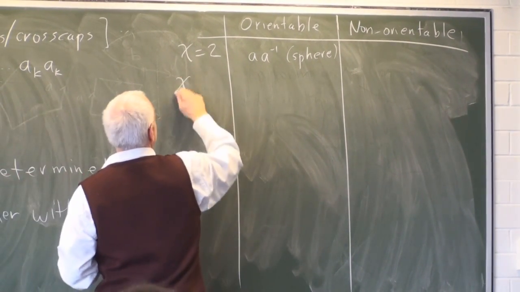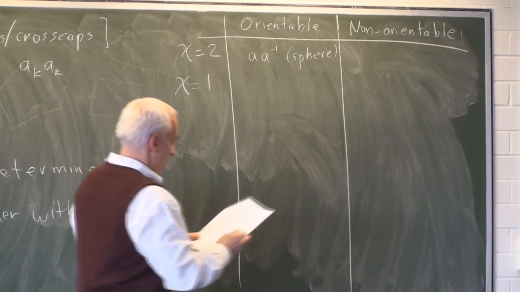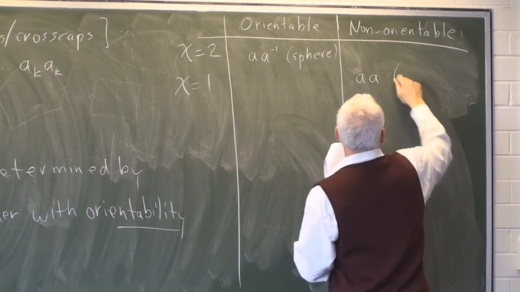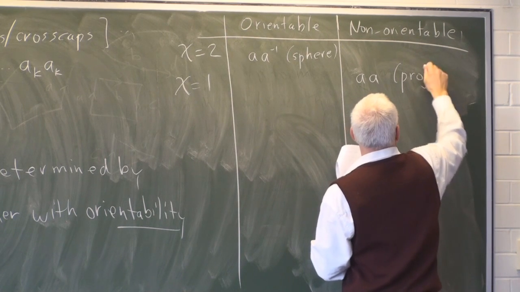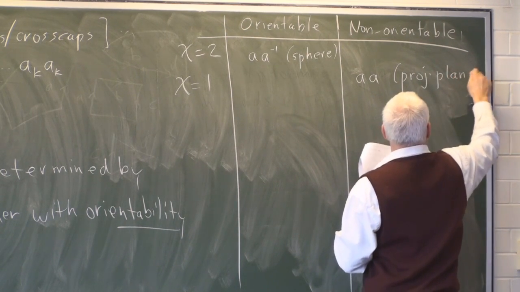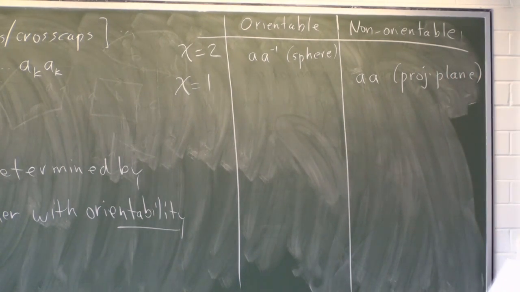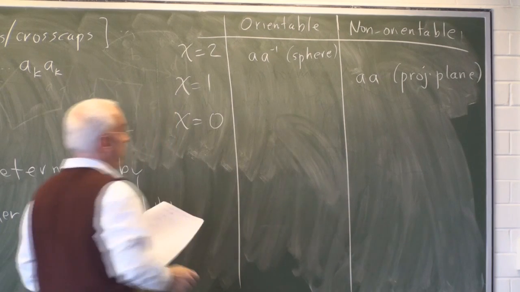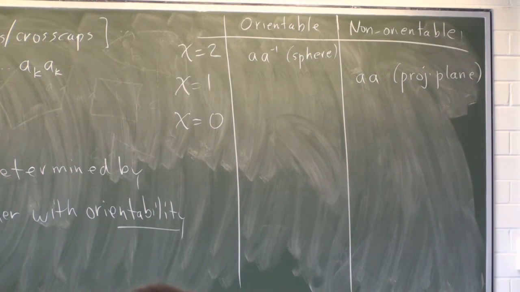Chi equals 1. We have A, A, that's our projective plane. For chi equals 0, there are two possibilities.